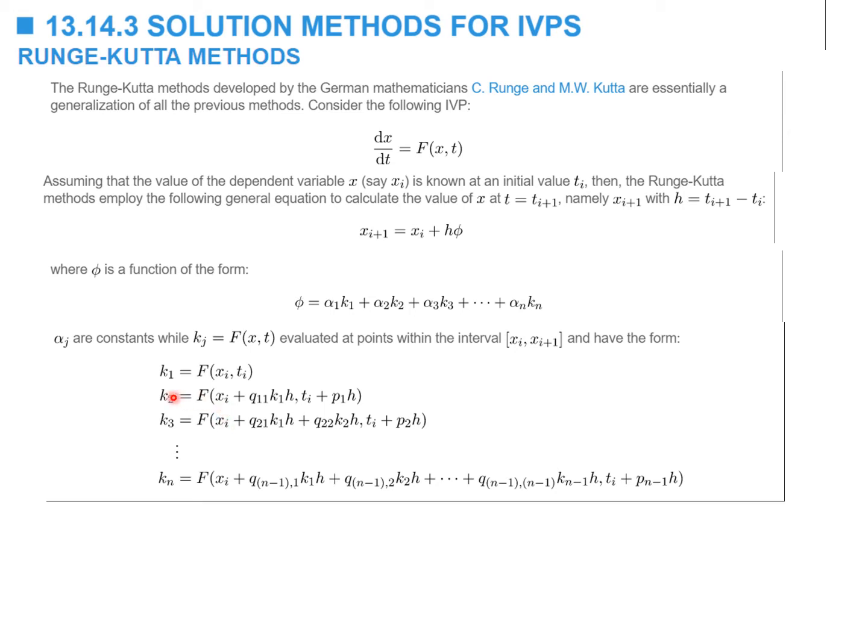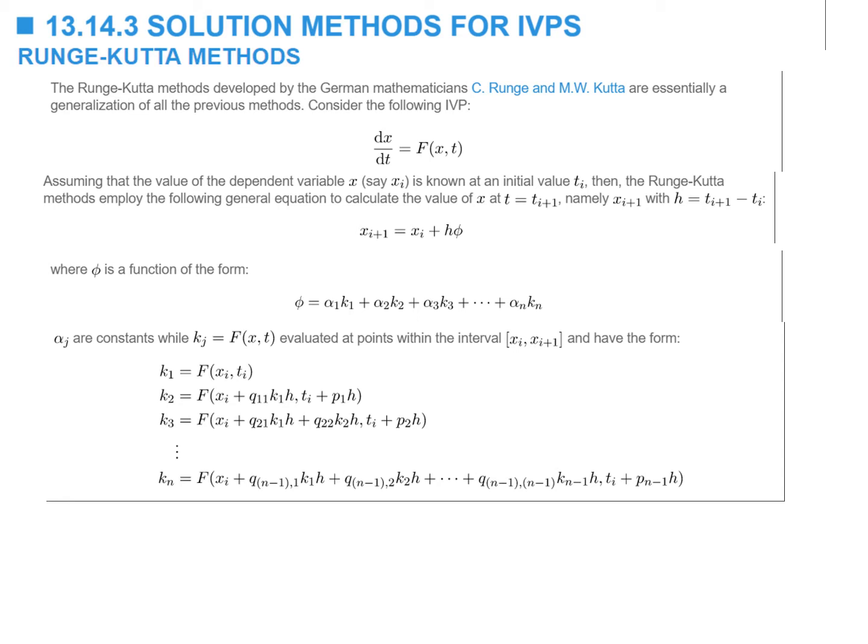For example, k2 is equal to f evaluated at x sub i plus some constant q11 multiplied by k1, the rate at the first point, multiplied by h, and the time is t sub i plus a constant p1 multiplied by h, and so on. As you can see, each of those k's is evaluated at different time points within the interval.